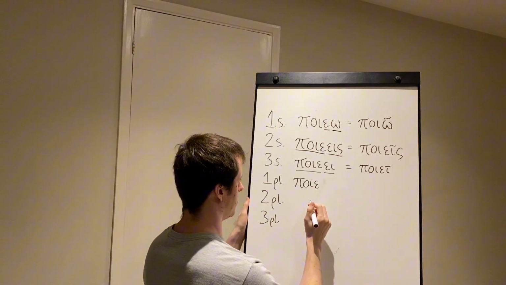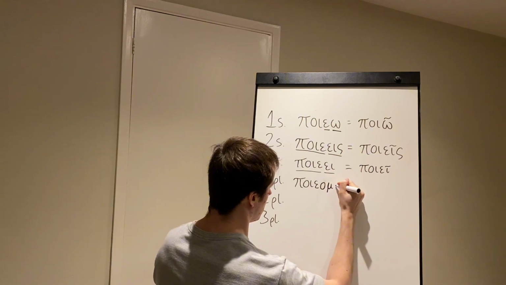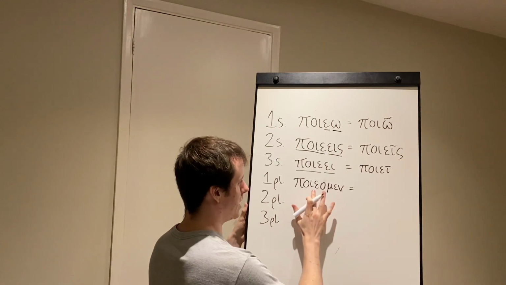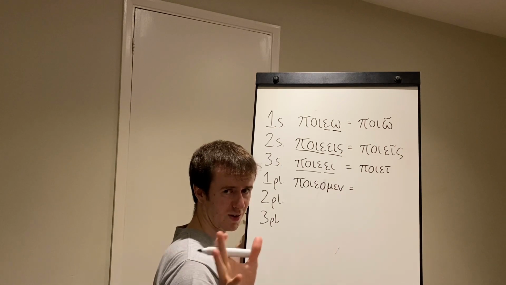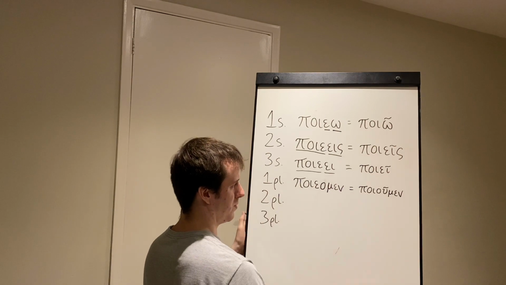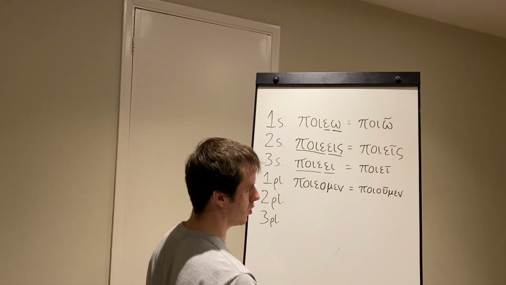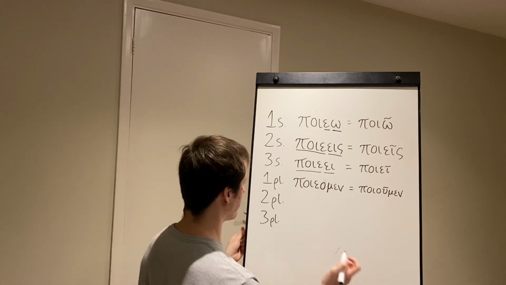In the first person plural, we have the stem poie, and the person ending omen, and poie plus omen makes, you can pause the video, look at your table of contraction and work it out, poioumen, meaning we do or we make, we are doing or we are making.